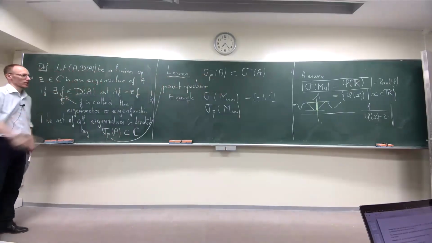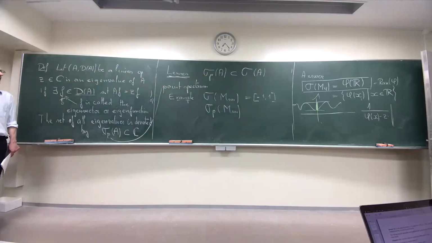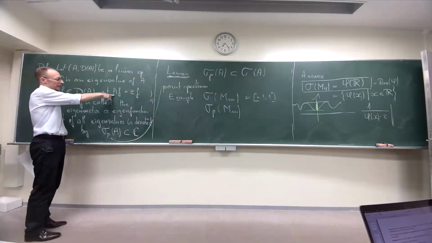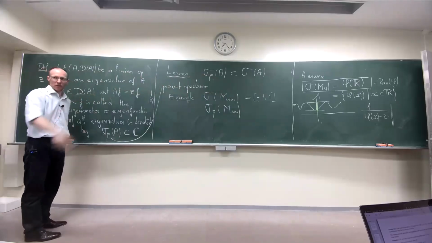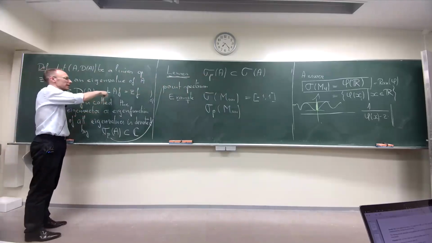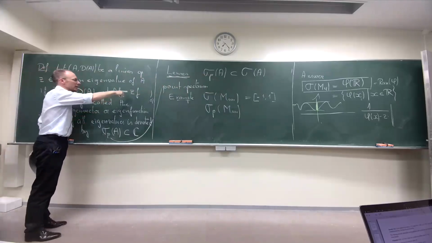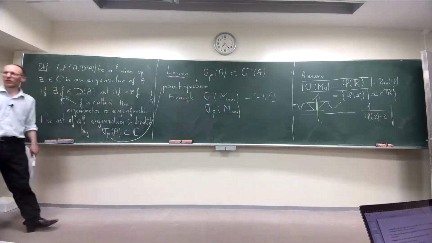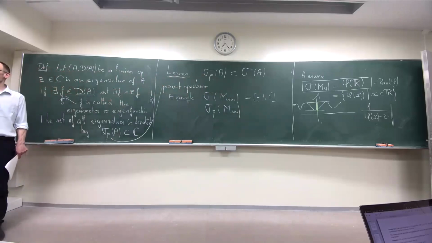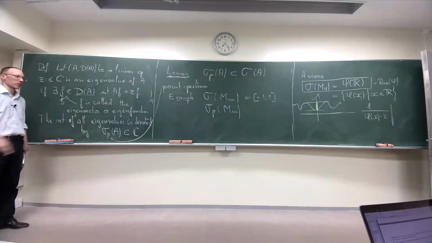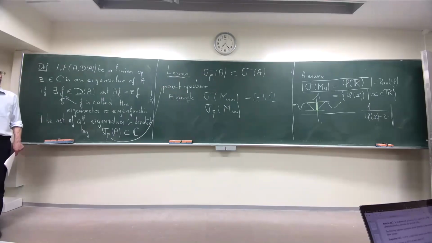Do you have a solution of this equation? Because I replace A by multiplication by sine. So do we have sine times f equal to zf? Do we have a solution other than 0? No. Why 0? I said f cannot be 0. So what is the point spectrum of this operator?